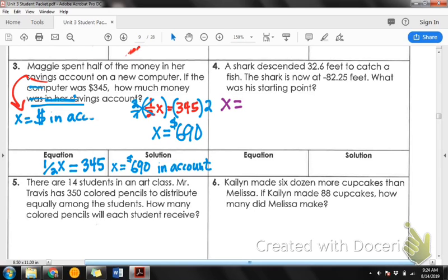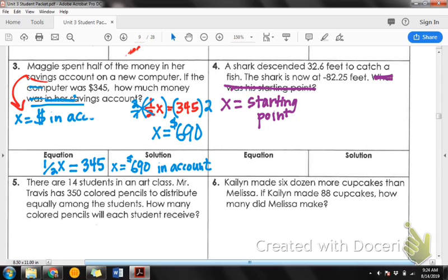Remember, you have to do this part. X is the starting point. You have to tell me what your variable stands for. Okay? So we got that part taken care of. What is our total? What's going to be on the other side of the equal sign?